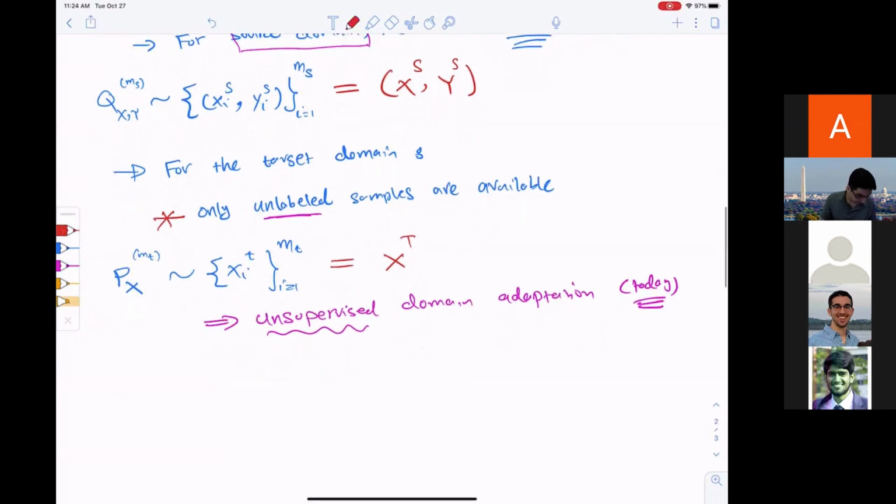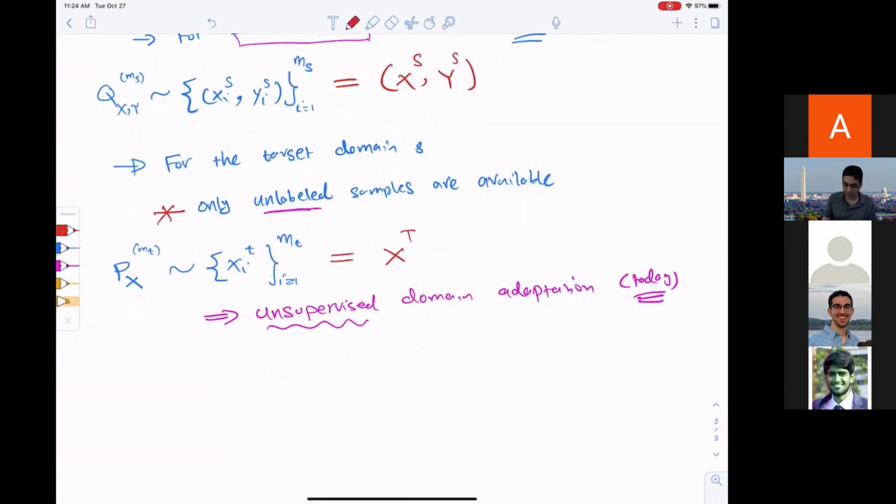But you may say, okay, labeling is expensive, but maybe I can have a few labeled target samples as well in my training. That's a valid point.